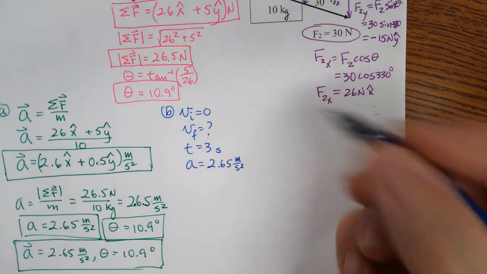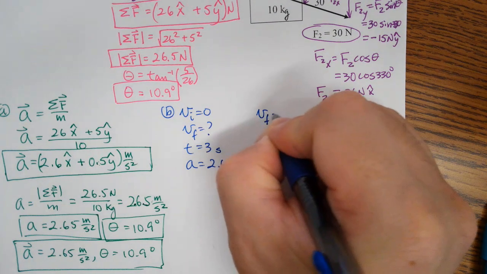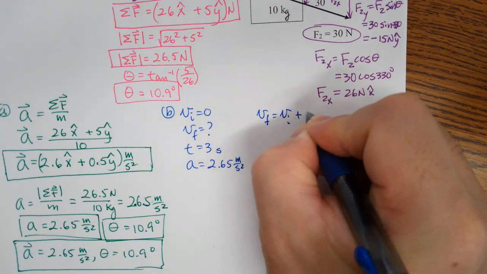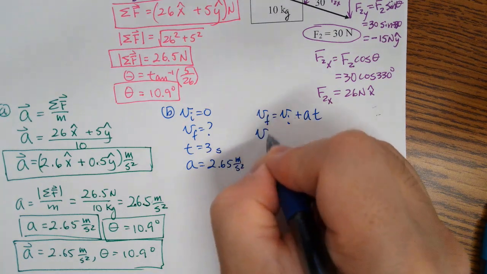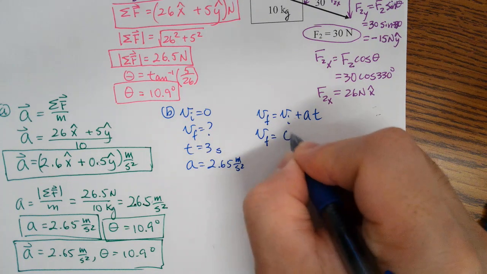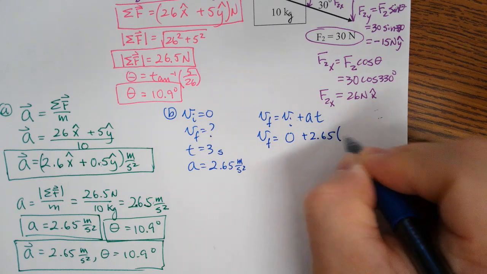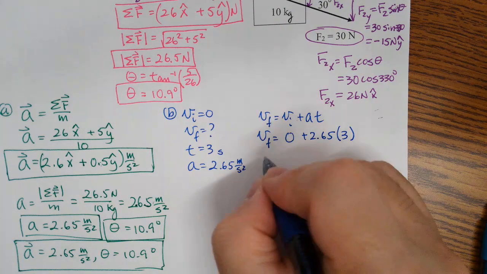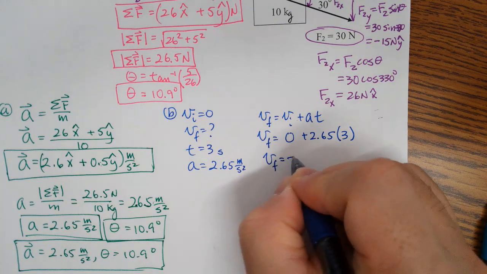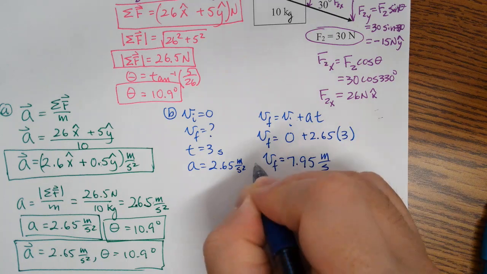Well, this looks like equation number 1, which is Vf equals Vi plus At. So Vf is equal to Vi, 0, plus 2.65 times t of 3 seconds. So the final speed is equal to 7.95 meters per second.